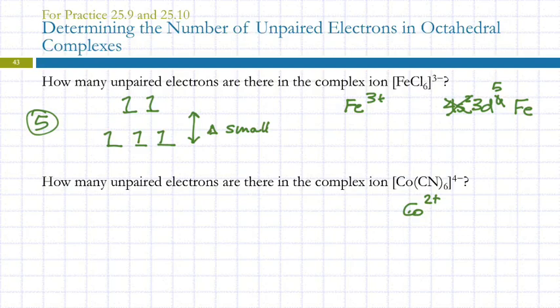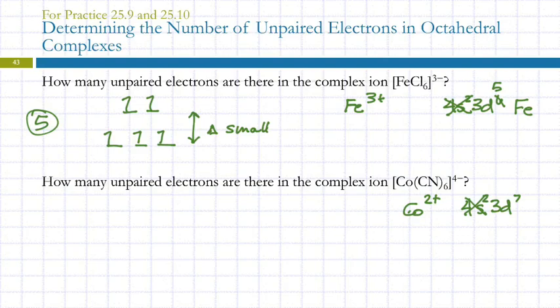So if we find cobalt, cobalt has 1 more proton and electron than iron, so it would be 4s2, 3d7. And to get rid of the 2 electrons, we're going to ditch those s electrons first. So we've got 7 electrons here.